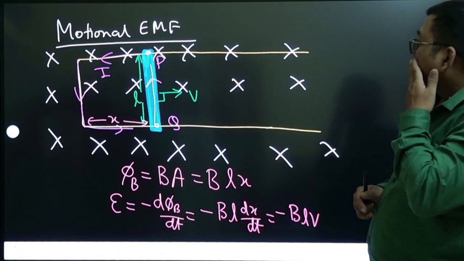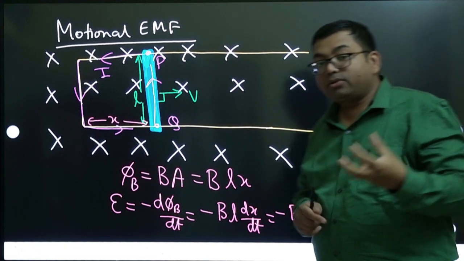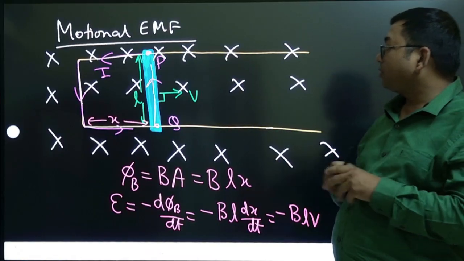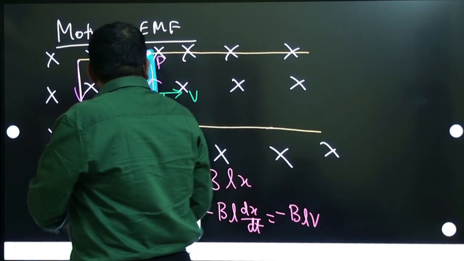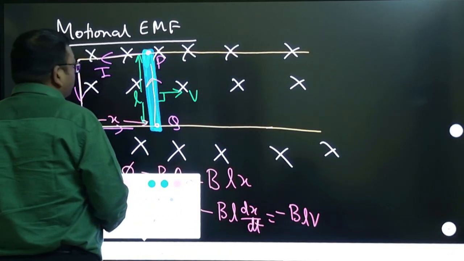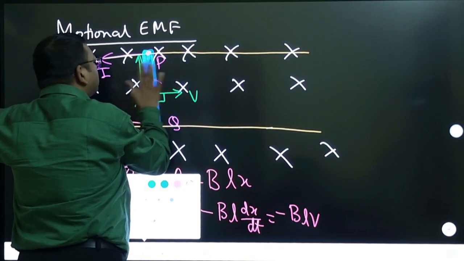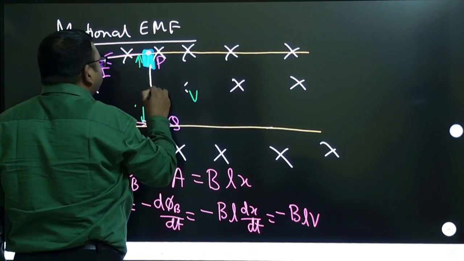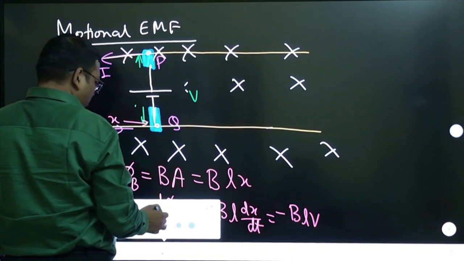Right. So if I say that current is going anti-clockwise and I want to draw this cell or the battery in this rod PQ, how can I draw that? I can consider it this way. I'll just erase this one and I will make a battery here like this way.